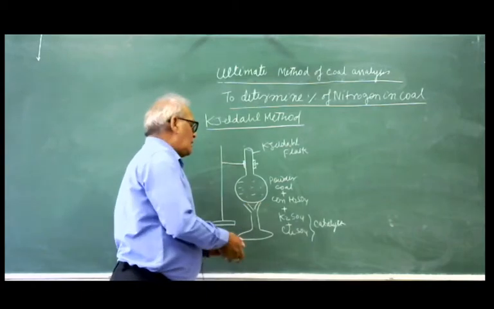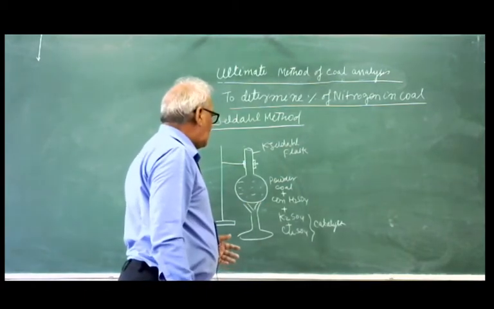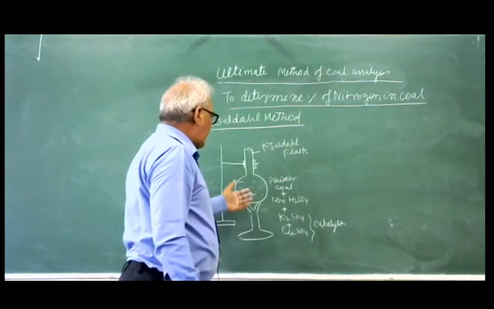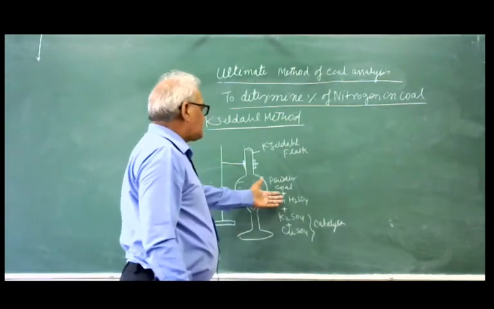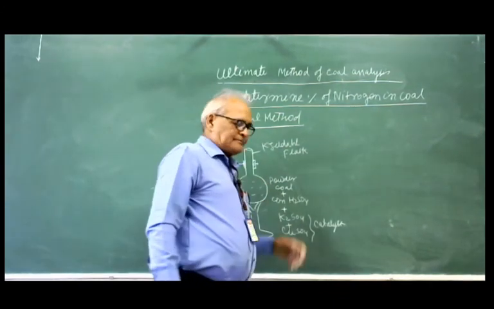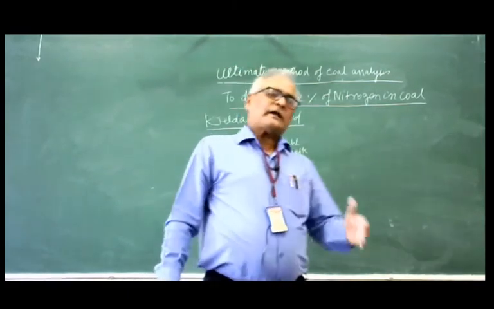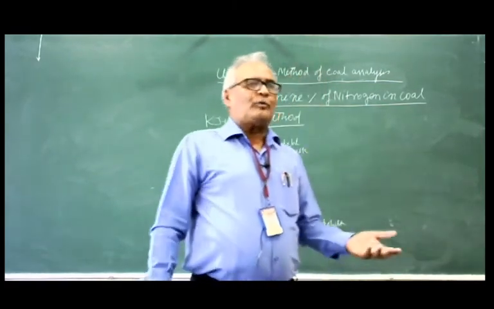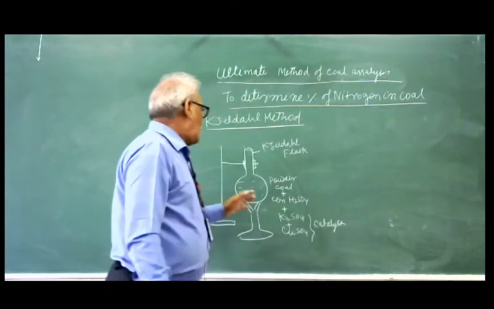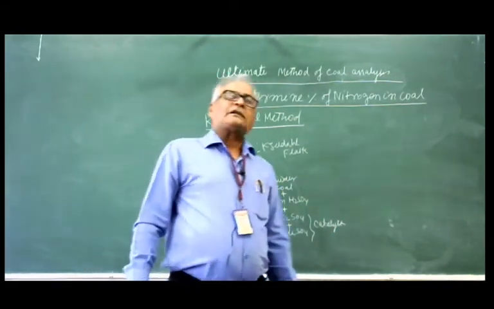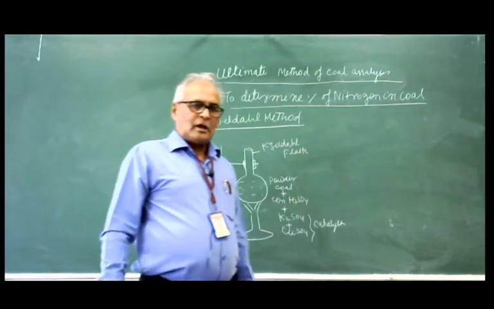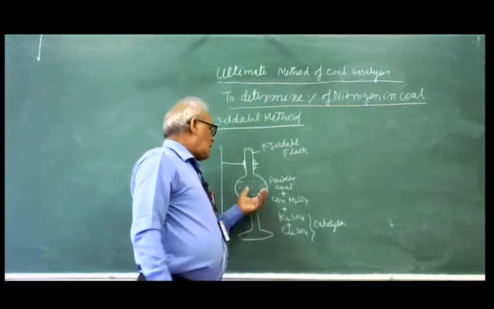In this way, you will get ammonium sulfate. As soon as the reaction is completed, you will get a clear solution. The clear solution is known as Kjeldahl solution. So what happens?